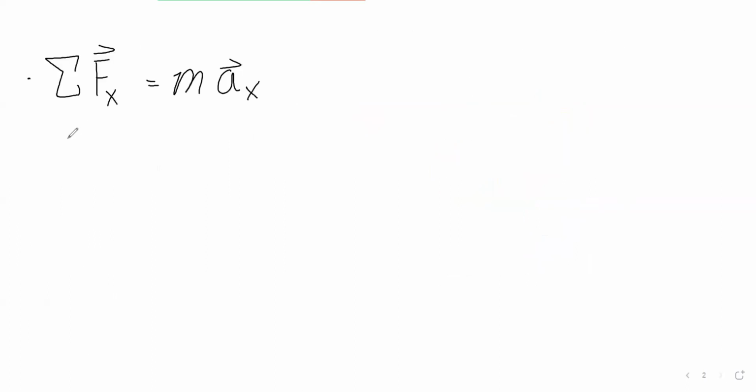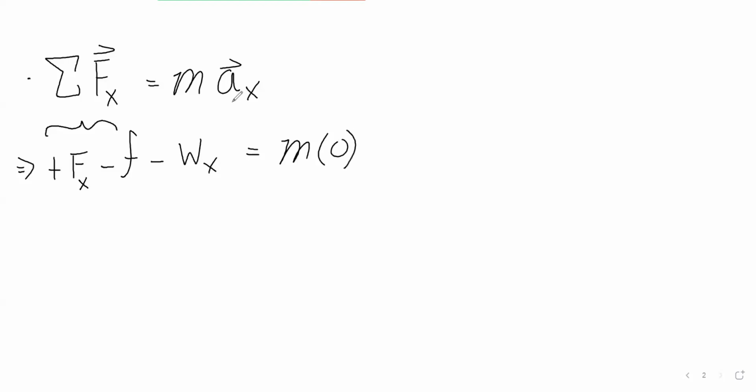The horizontal forces would be the applied force in the horizontal direction, the friction, which is negative because it points left, and Wx, which points left, equals 0, because it's mass times acceleration, but acceleration is 0.